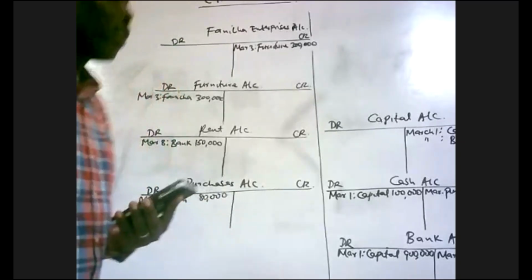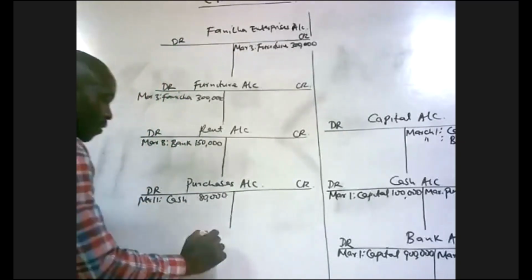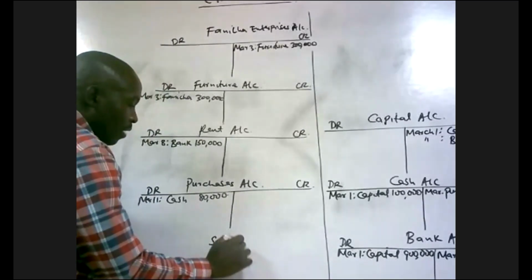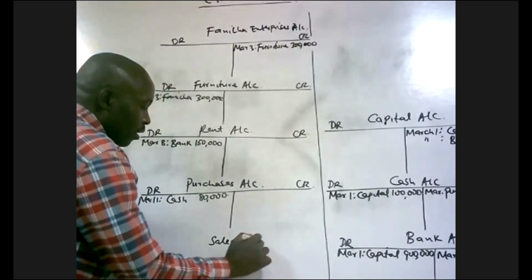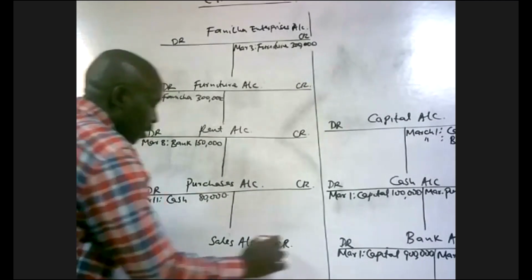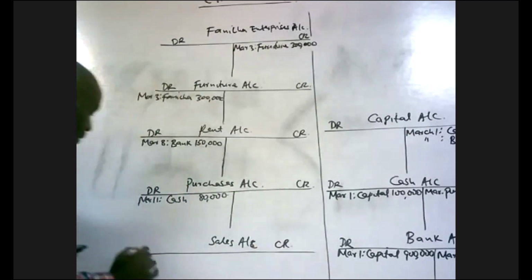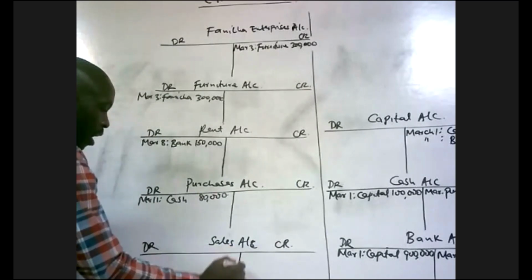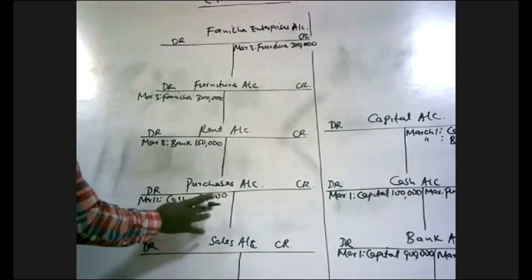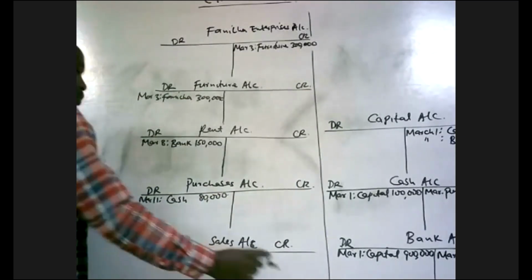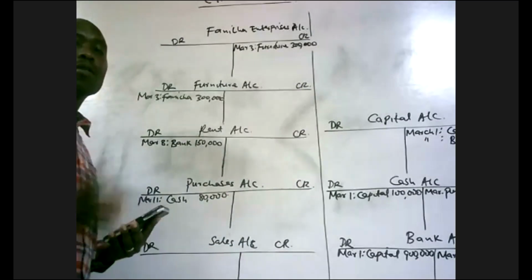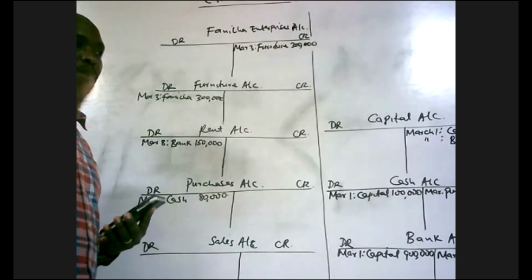Sales account. The opposite of purchases is sales. Open a sales account, and now we credit. When we purchase, we debit purchases account. When we sell, we credit the sales account. But the idea here is they must be goods.